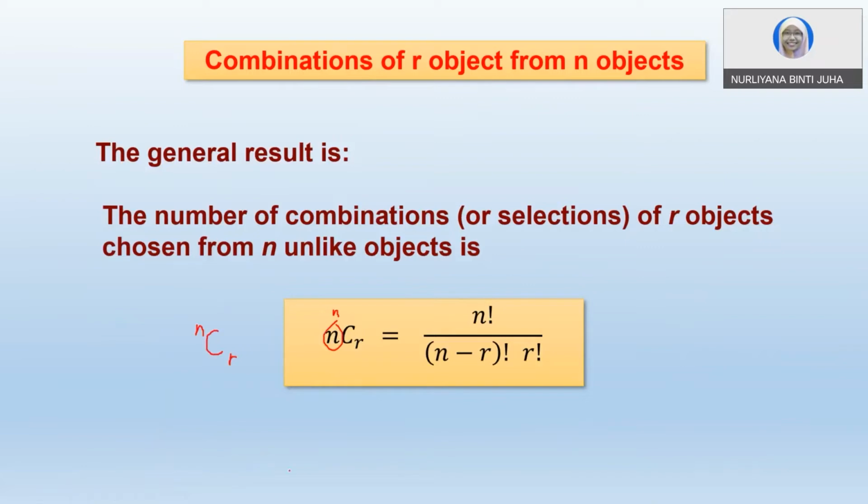So n combination r ataupun cara tulis yang lain adalah n factorial over n minus r factorial times r factorial. Okay, or in the simplest way, you can just key in this one, nCr, macam ni, dalam you punya calculator.